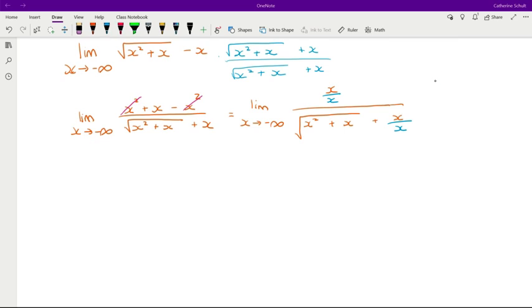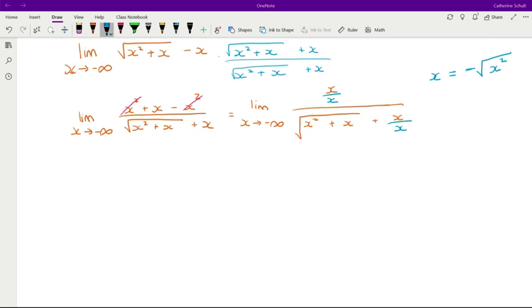Let's try this again. We take x and give it a square root. So remember, square roots and squares cancel each other. But the square root of x squared is a positive number. That's how square roots are defined. Square roots give us positive numbers. But x is going to negative infinity, so x needs to be a negative number.